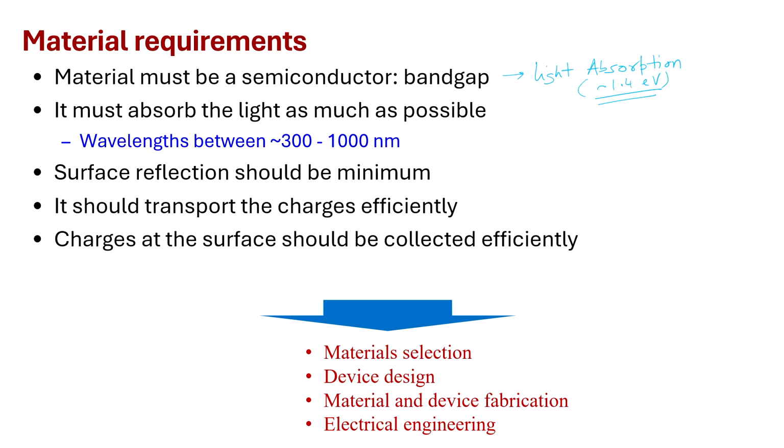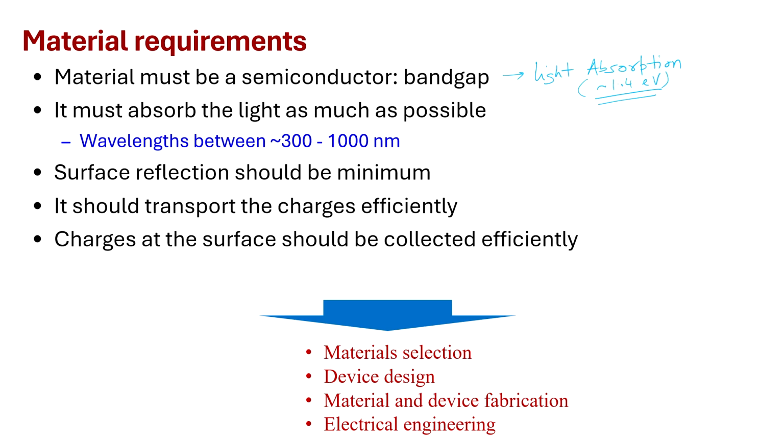This is where a lot of emphasis lies on understanding of material selection, device design, how they are put against each other, material and device fabrication strategies, and electrical engineering to minimize the parasitic resistances.